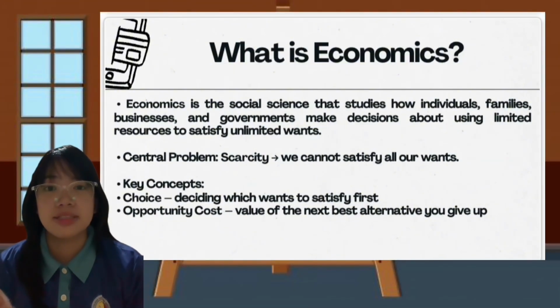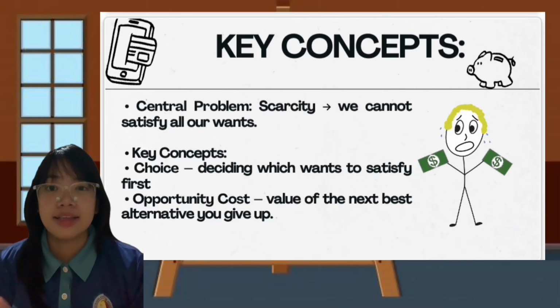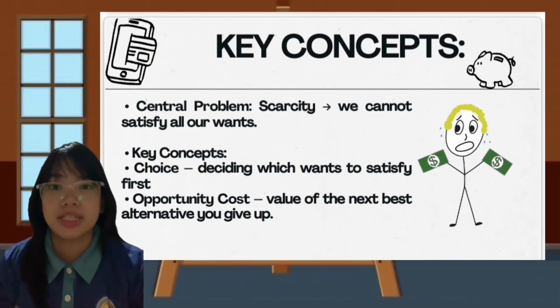Because of scarcity, people are forced to make choices, and every choice has a cost. This cost is not always money, but it can also be time or missed opportunities. So a key idea in economics is opportunity cost, which means choosing one option means giving up another.